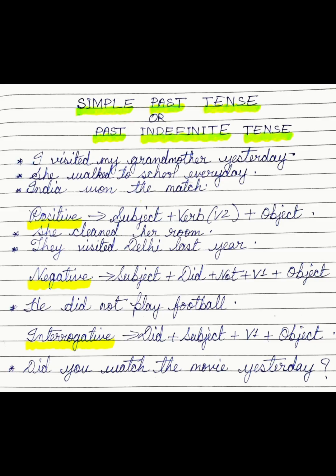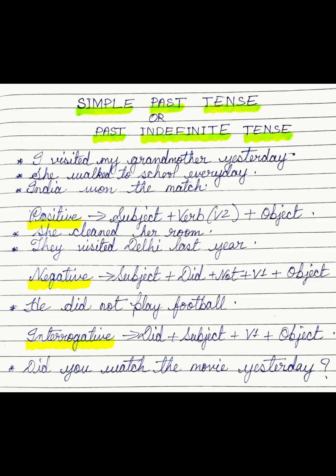For example, he did not play football. Did not, this is the negative sentence. उसने फुटबॉल नहीं खेला. After did, always use the first form.